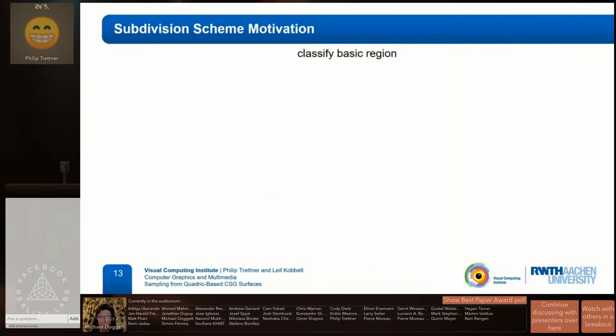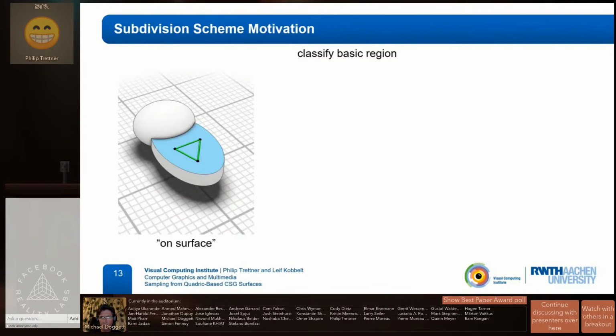By design, each basic region is part of the quadric surface. However, it might not be part of the CSG object. So in the easiest case, it actually is part of the CSG surface. So in this simple example, the basic region belongs to the light blue quadric surface. And here the basic region is completely part of the resulting CSG surface.